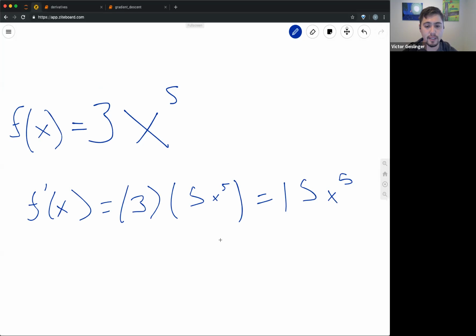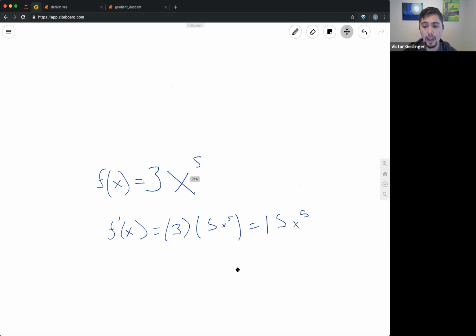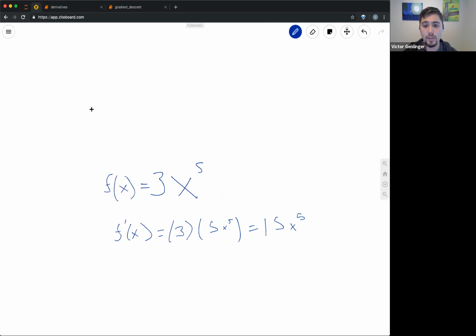Basically it just comes down to this: if you have a coefficient in front, some value in front, you can just keep that outside and multiply it by your actual derivative because it's a constant. Another thing is, let's say this is a function f of x, and it's equal to 2x squared plus, I don't know, 5x.